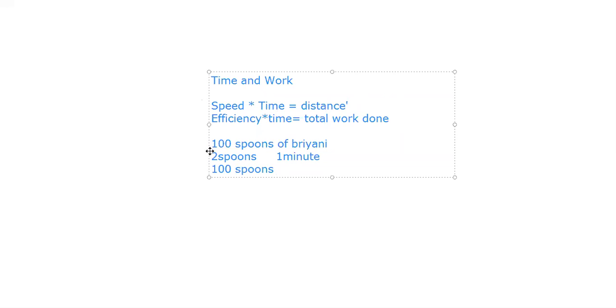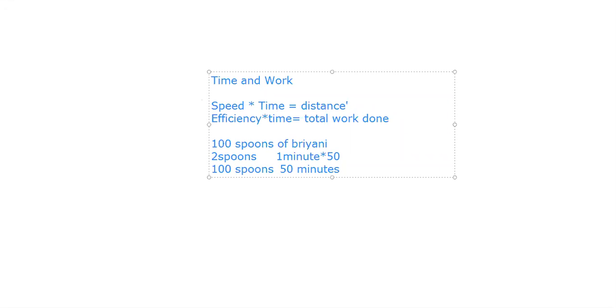So, efficiency is what? 2 spoons per minute. Okay. So, since the total work that is to be done is increased, time taken to complete the work also increases proportionately. Now, what is the ratio here? 2 and 100, 1 is to 50. So, I have to multiply this by 50. It will take 50 minutes.